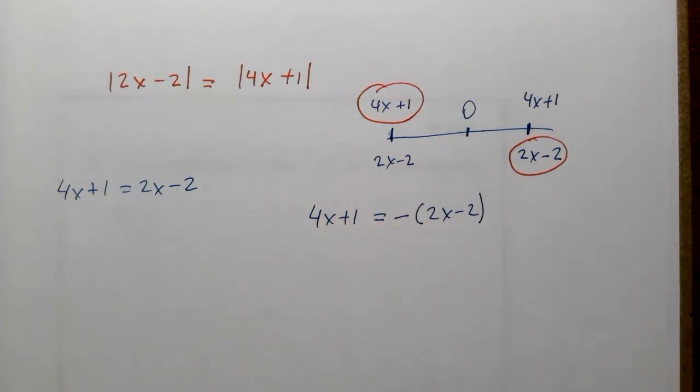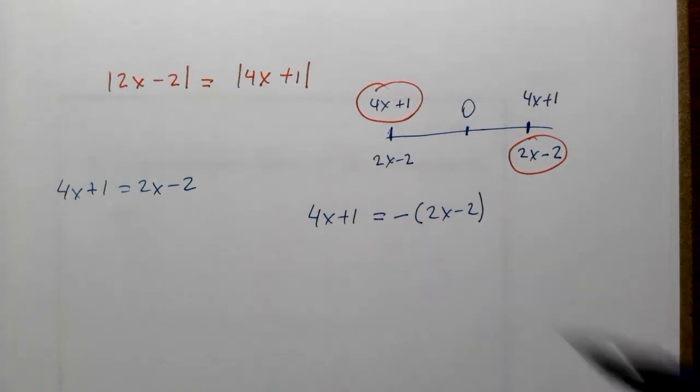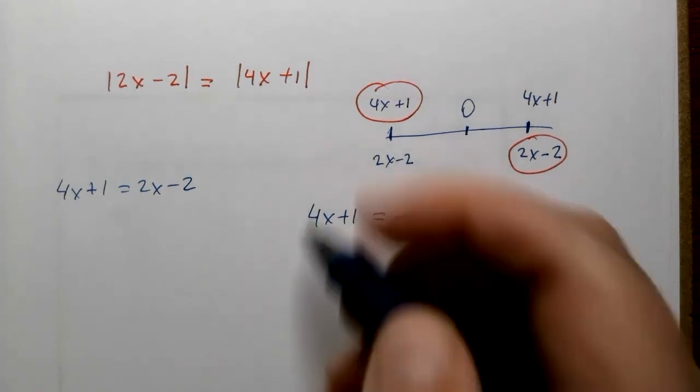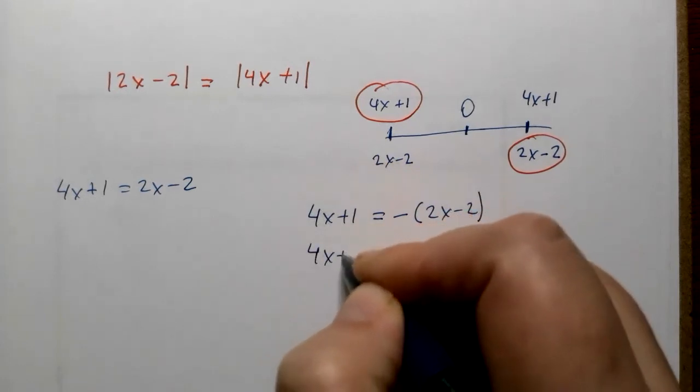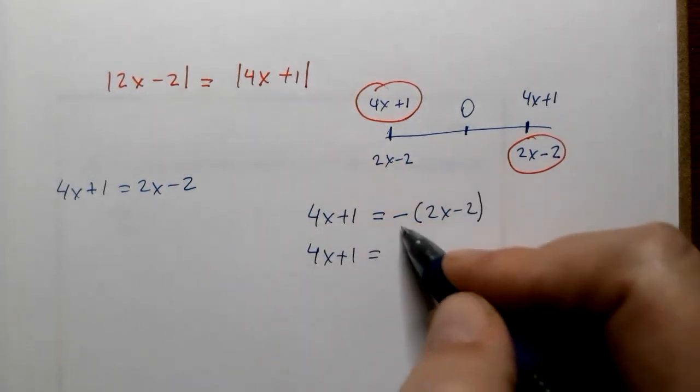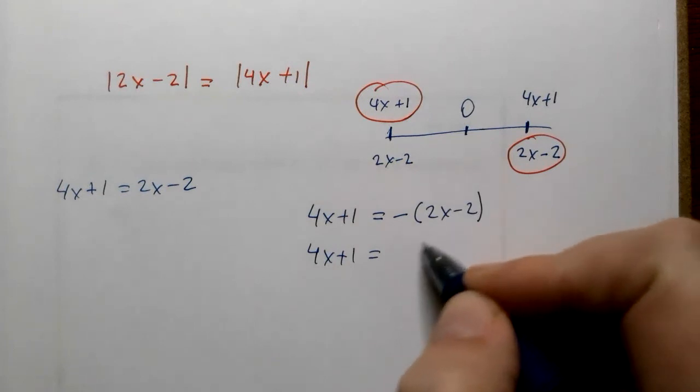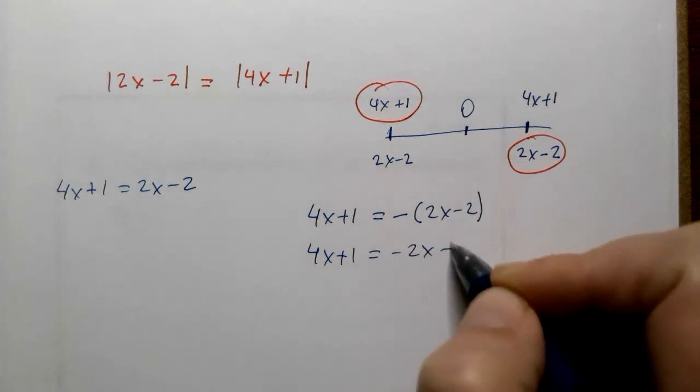We read the minus sign here as the opposite. We know that the minus sign could represent different things. It could represent a negative number, or the operation of subtraction, or the opposite. In this case, it's the opposite, but we treat it the same way as usual. So just bring it in, open the parentheses, we have negative 2x plus 2.